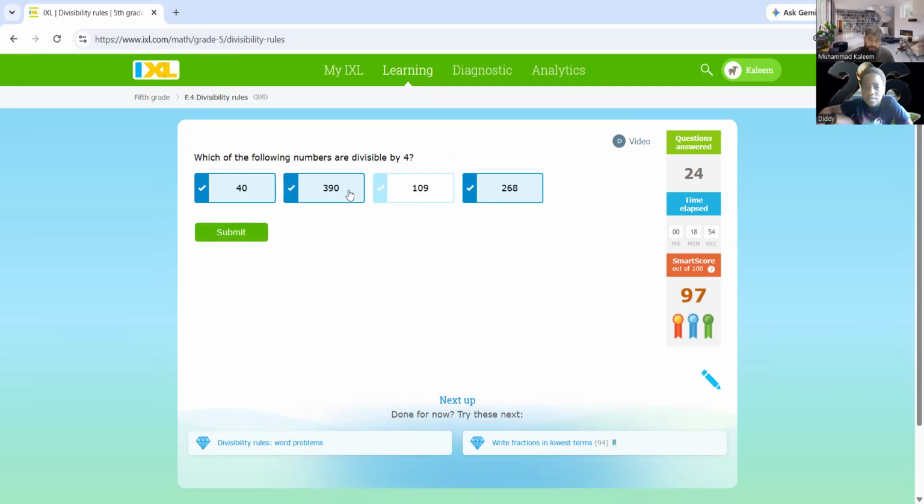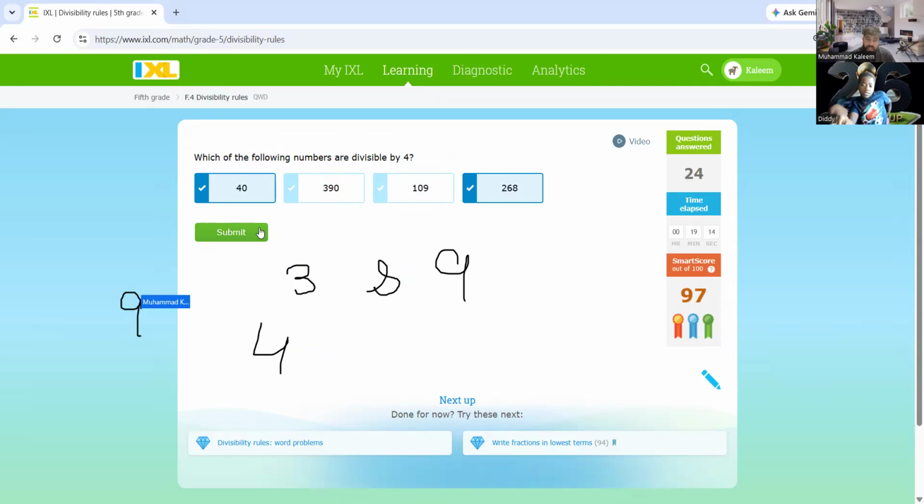I know 3 plus 9 is 12, but we don't have to use this trick here. This trick is for 3 and 9. For 4, we have to test the last two digits. What are the last two digits of this number? 90.